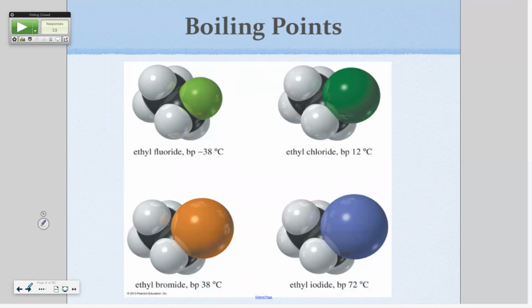Ethyl bromide boils at 38, so at room temperature it's a liquid. Okay, I'm just checking on you. Ethyl iodide boils at 72, so it is also a liquid. That's kind of showing you how the halogens get larger.